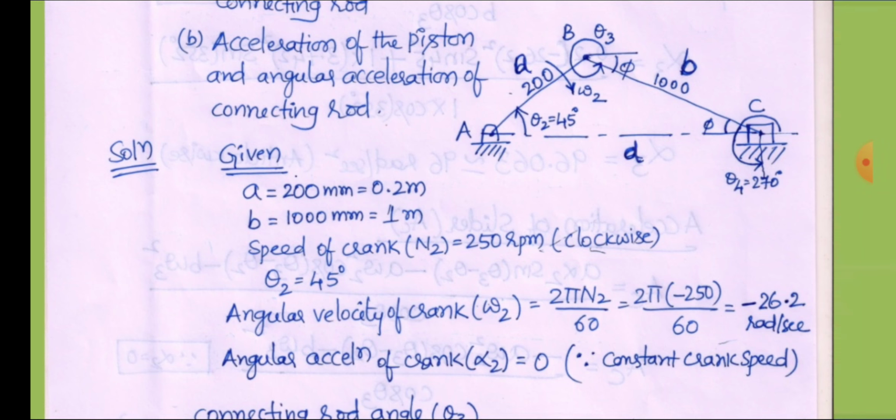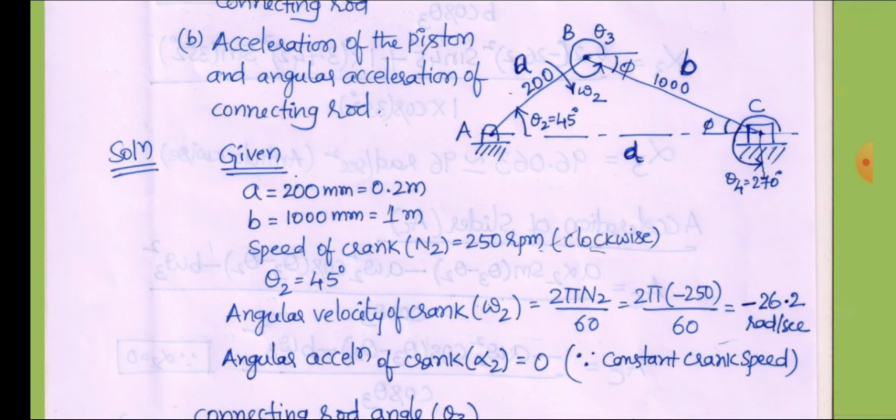If it is constant, only omega 2 should be calculated if the speed is given, or omega 2 will be given directly. Then alpha 2 is by default 0. If the crank is rotating at a non-uniform speed, then along with the speed, alpha 2 must also be given. Please remember. So first calculate omega 2, and here alpha 2 is not given. Therefore, assuming the crank is rotating at a uniform speed, alpha 2 is equal to 0.